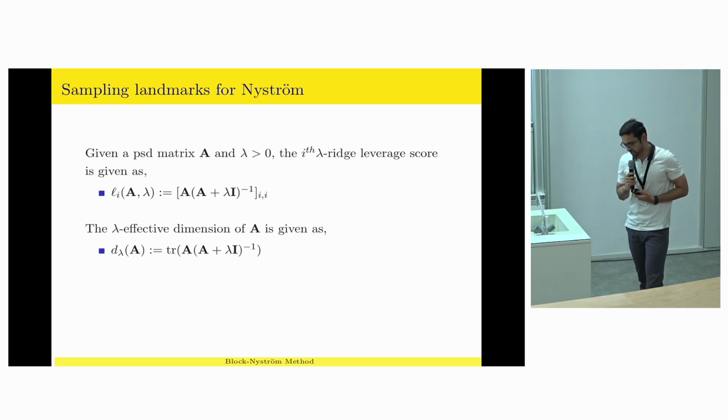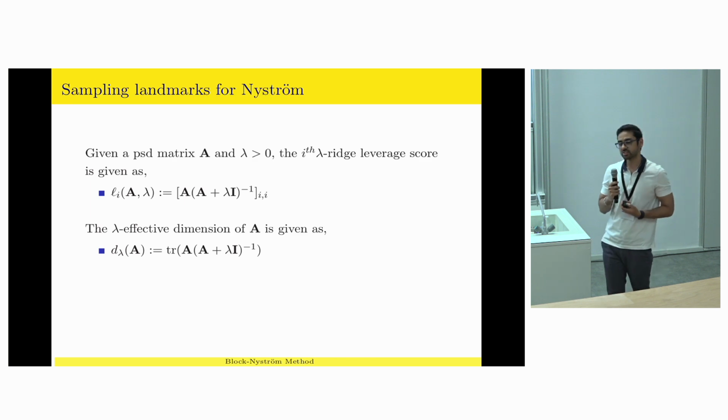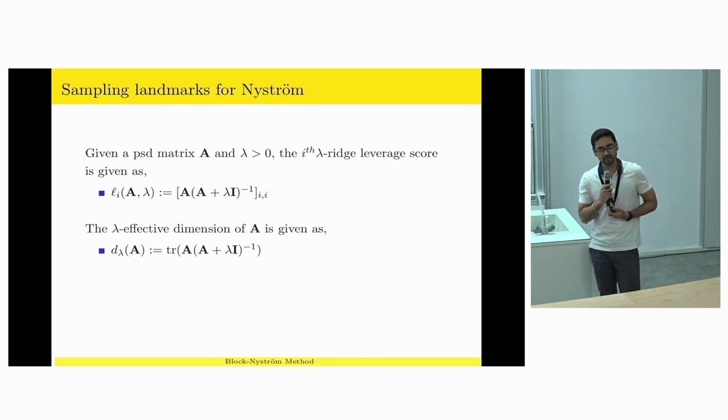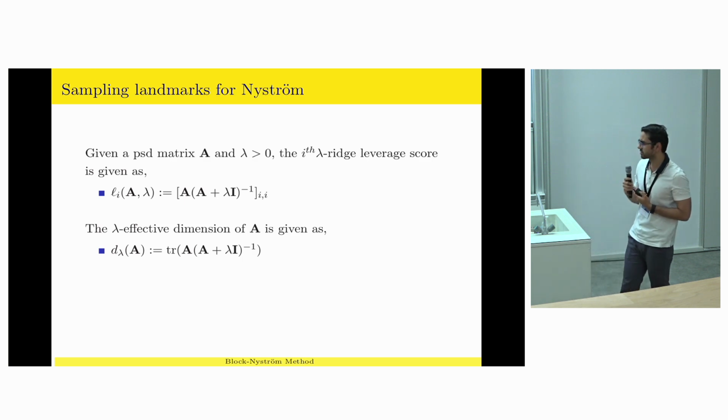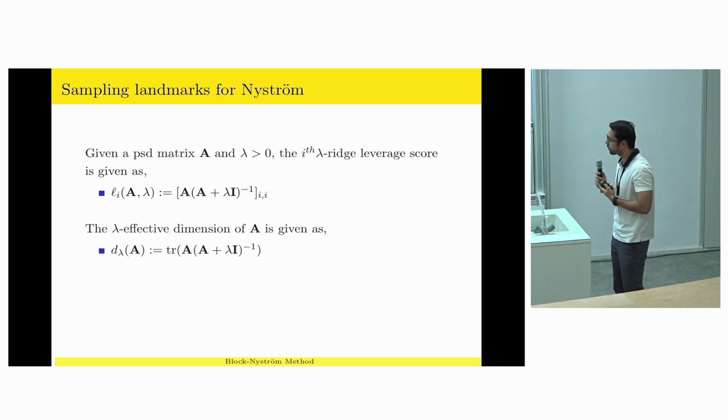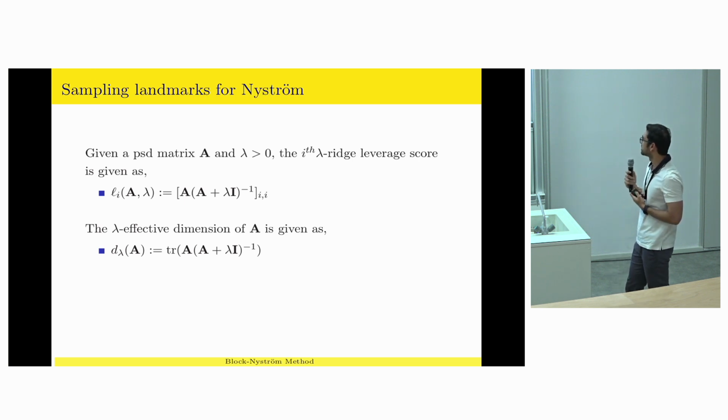An immediate question that comes up is, how are we actually sampling the landmarks? The simplest thing that you can do is sample the landmarks uniformly, and you can in fact prove some guarantees with uniform sampling as well. Also, you can design increasingly sophisticated importance sampling measures. But in recent times, the literature seems to be converging on sampling landmarks using these lambda-ridge leverage scores.